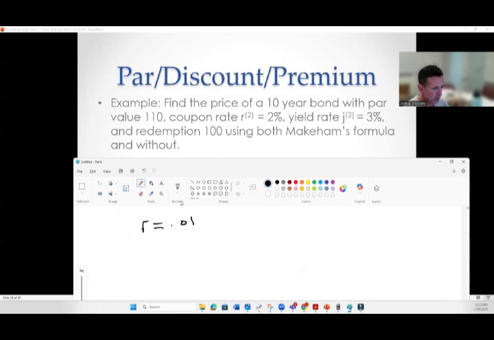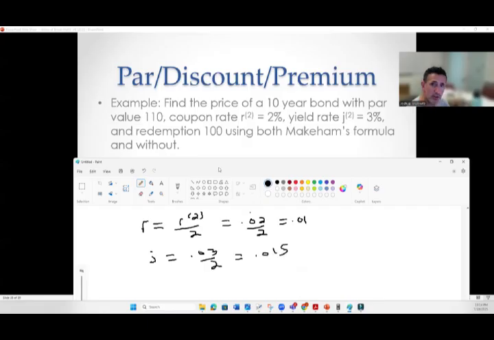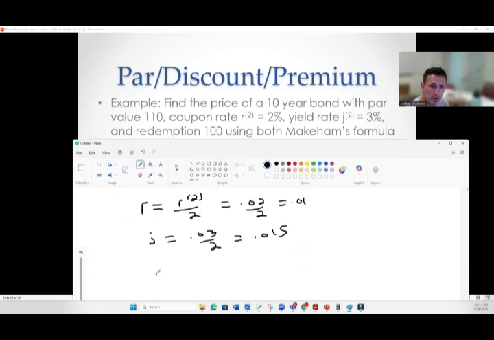So R is R2 over 2, and as usual, I'm doing this with Makeham's formula, I need these rates in decimal form, so 0.01. J is 3% over 2, 0.015.